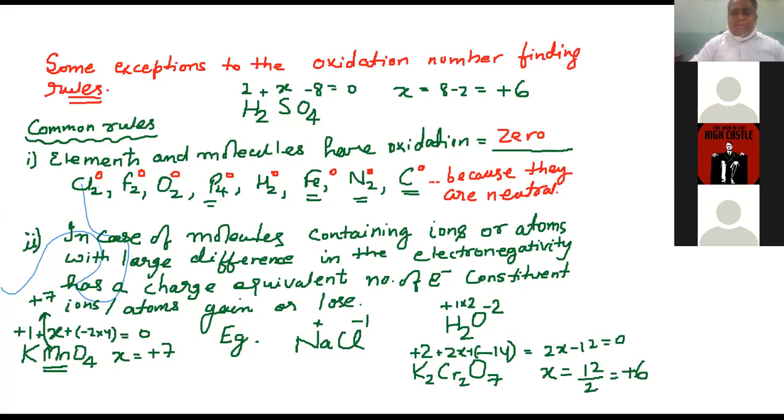Similarly, if we have to find out the oxidation number of, say, K2CrO4, so it is plus 1 into 2 plus x plus minus 2 into 4 will be equal to 0.